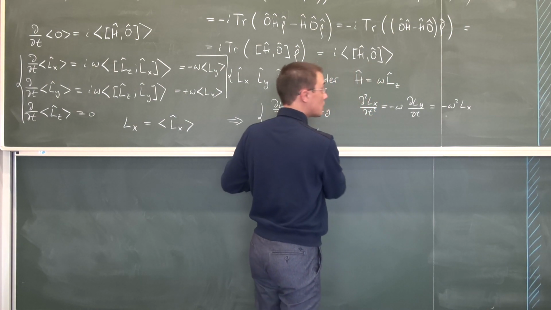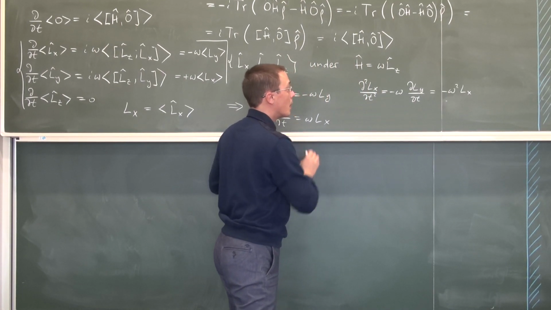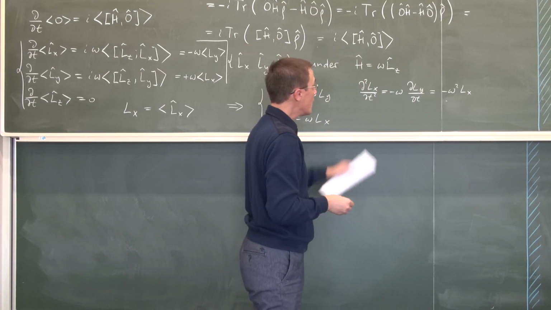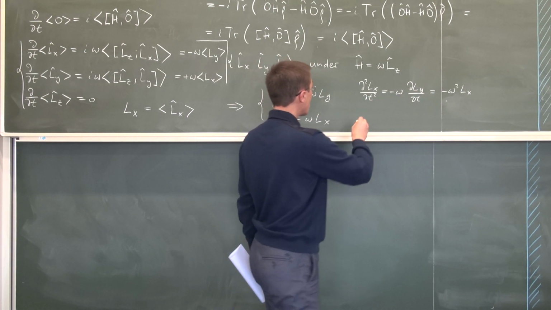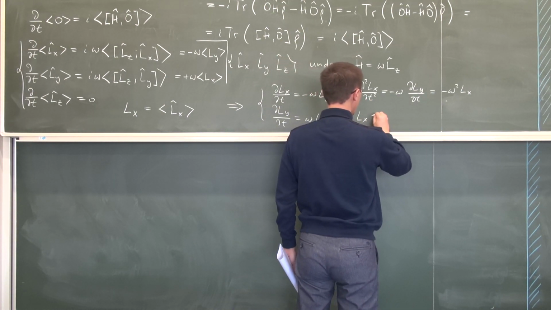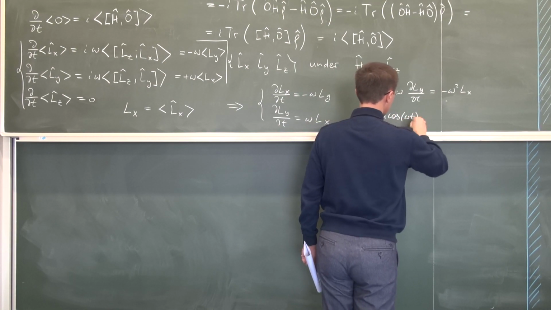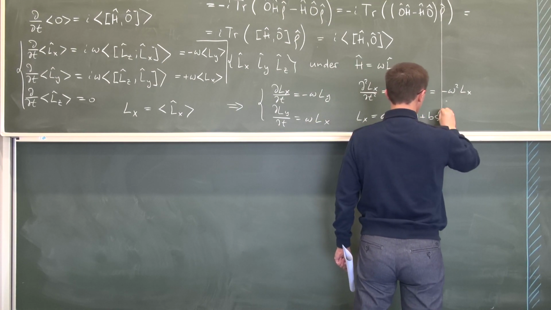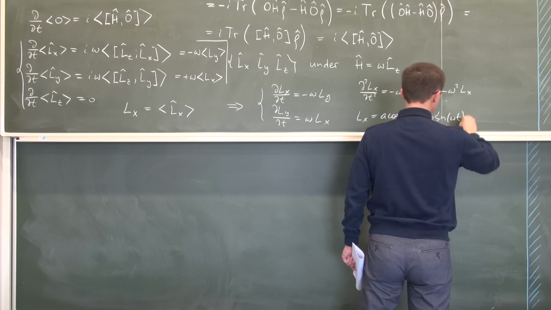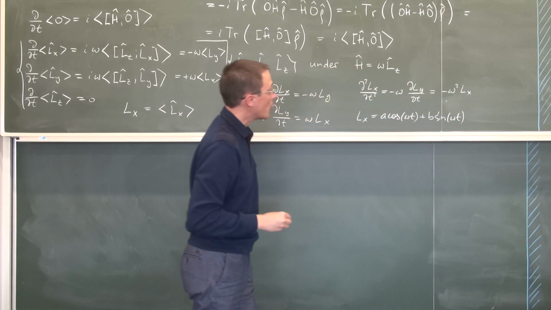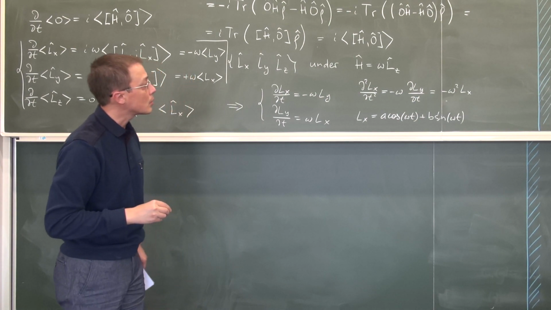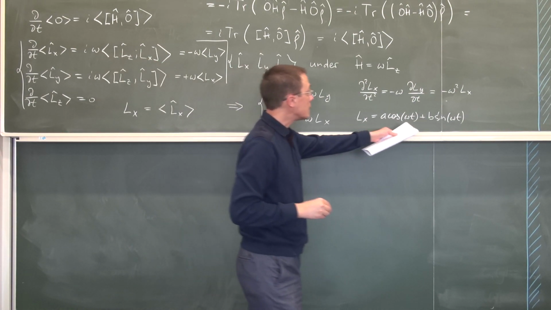In your mathematics course, you remember what the solutions have been. They're cosines and sines. So we have Lx, therefore, is equal to a cosine omega t plus b sine omega t, where a and b are indeterminate constants that depend on the initial conditions, and omega is this frequency.